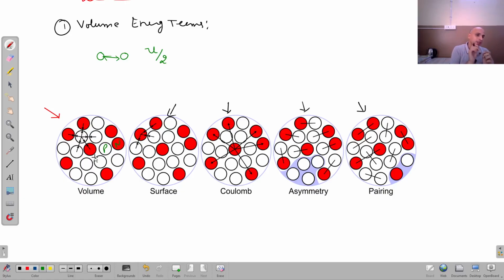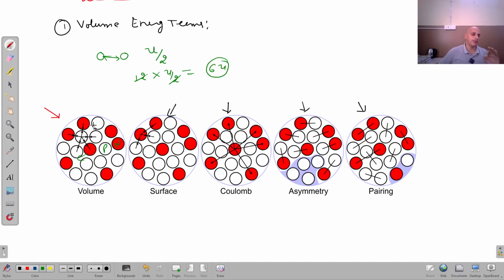In that case, each sphere, if I take this one, will have 12 neighbors when there is very close packing. Then every sphere will be surrounded by 12 spheres. It means this bond energy will be shared with the 12 neighbors. So it becomes 6U, right?